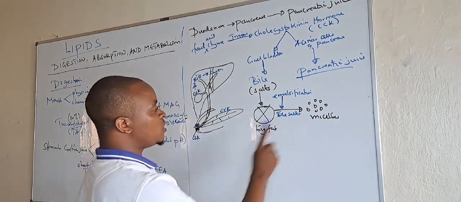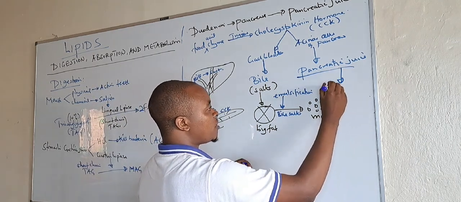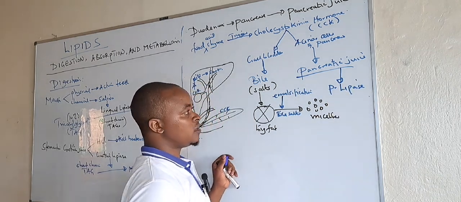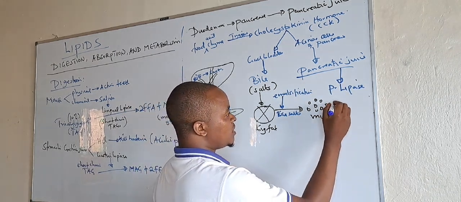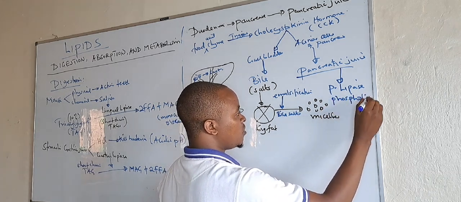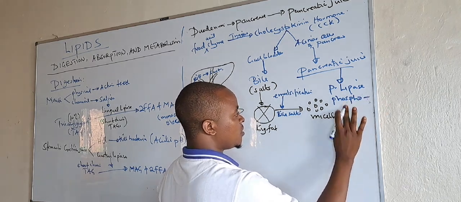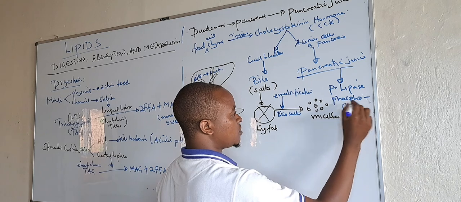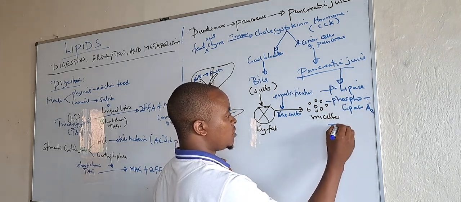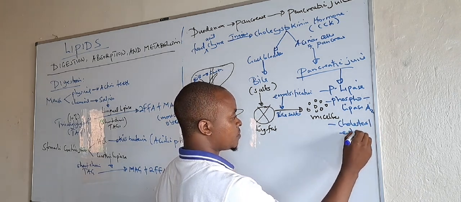So after breaking down into smaller droplets, now the pancreatic juice which was triggered contains pancreatic lipase. It contains another enzyme known as phospholipase A2, and it contains another enzyme known as cholesterol esterase.